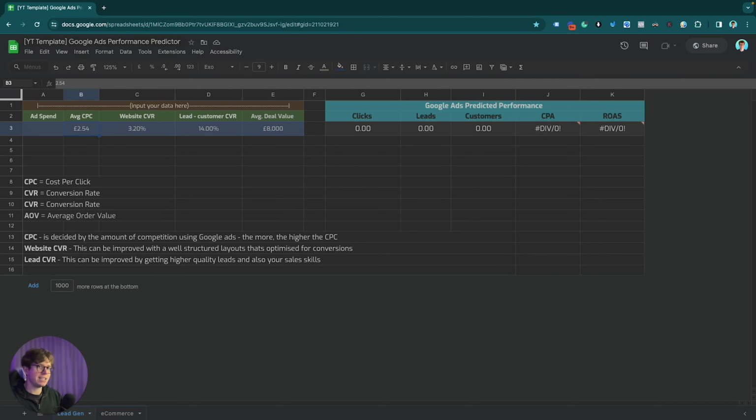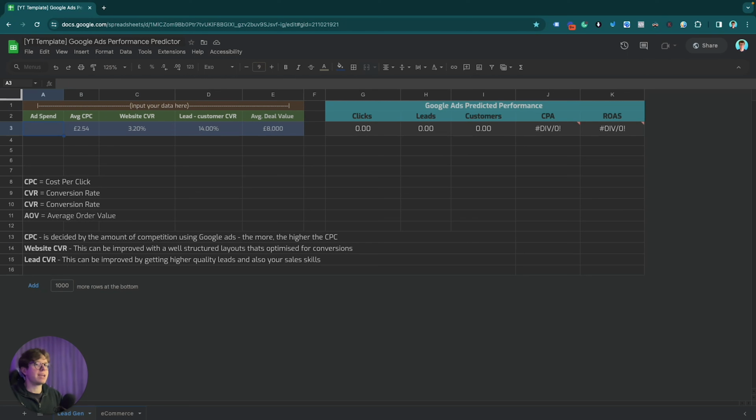So we put in these metrics here, which are really going to stay the same throughout your account. They're not really going to change too much unless you do some stuff like CRO, conversion rate optimization, to improve the conversion rate of your website. And then you can also improve your sales process, and that would increase your lead to customer conversion rate. And also the higher quality leads you send to your website, which is done with your Google Ads.